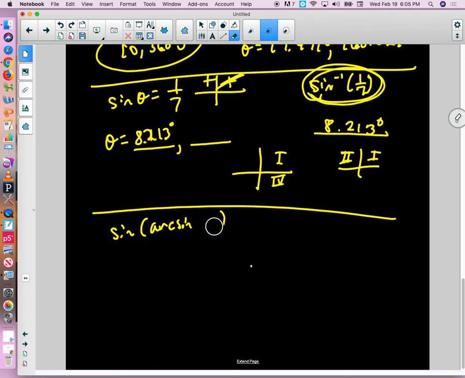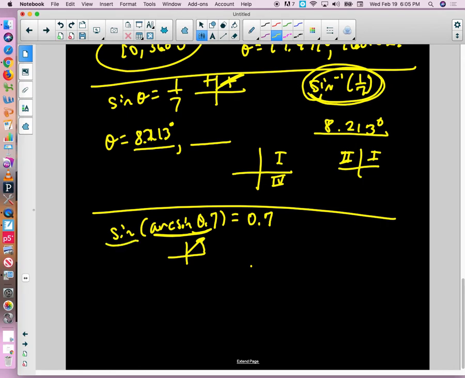It couldn't even be 1.7. Alright, so you really don't even have to work this out. The answer is 0.7 because of this. You would go to your calculator and you would go arc sine of 0.7. It would find you an angle. You would turn around and find the sine of that angle, and it would be 0.7. Or you could punch it in your calculator and see.